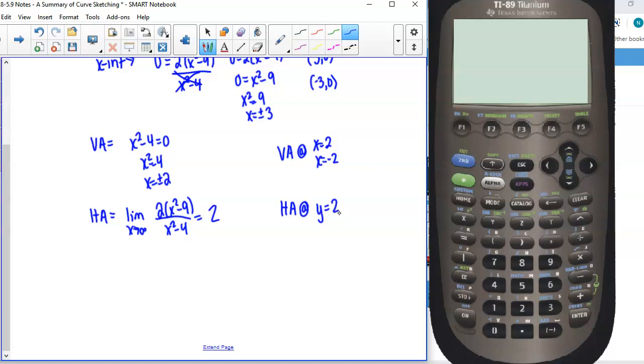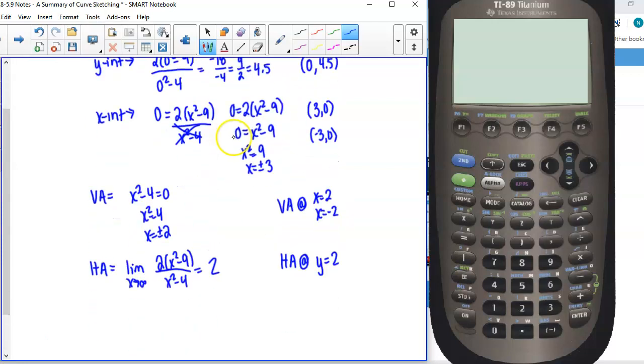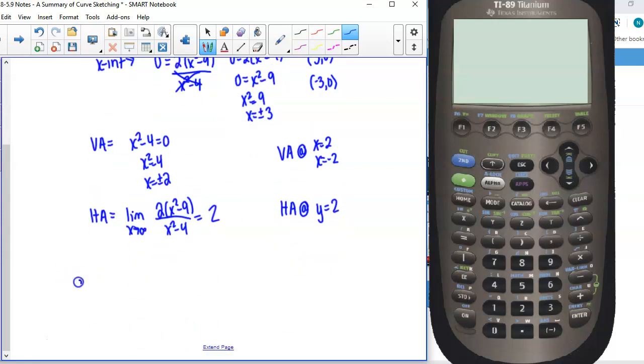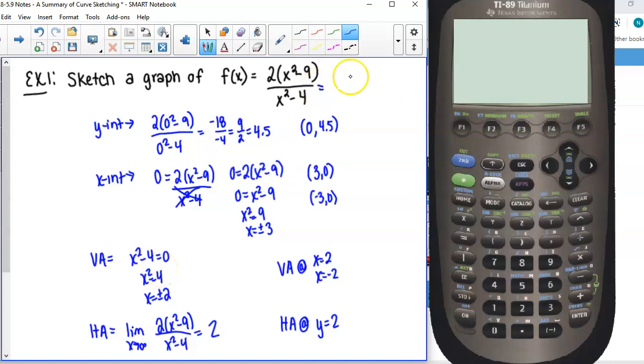The last thing that we want to look at is the stuff we've done most recently, and that's our increasing, decreasing, maximum, minimum, concavity stuff. So to do increasing and decreasing, we've got to look at the first derivative. So f prime of x. And it actually might be a little bit easier if we go ahead and distribute that 2. So 2x squared minus 18 over x squared minus 4.